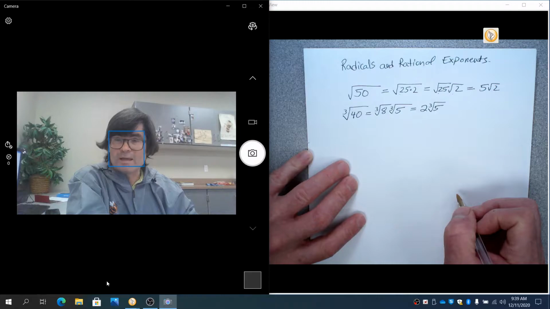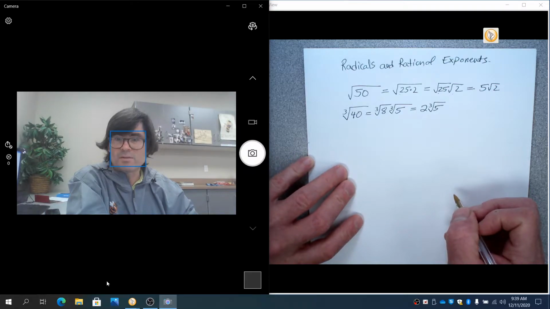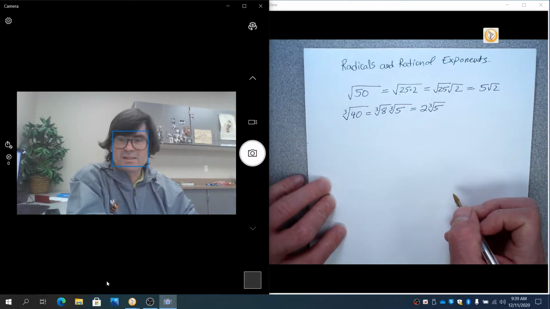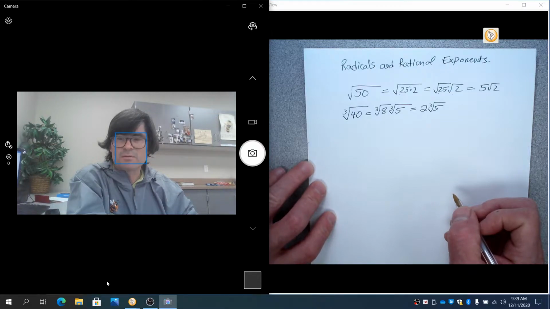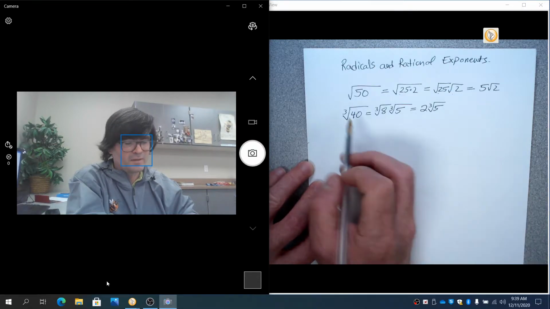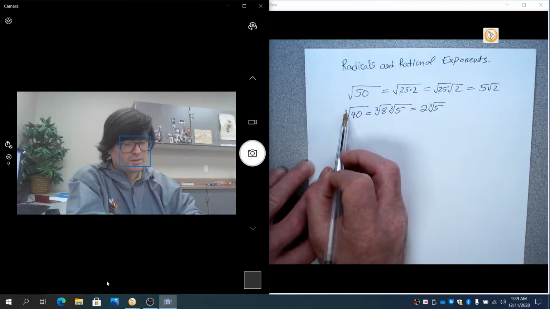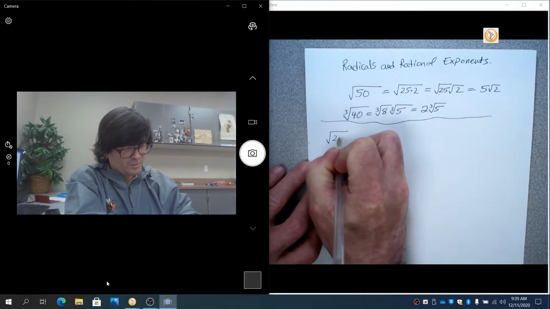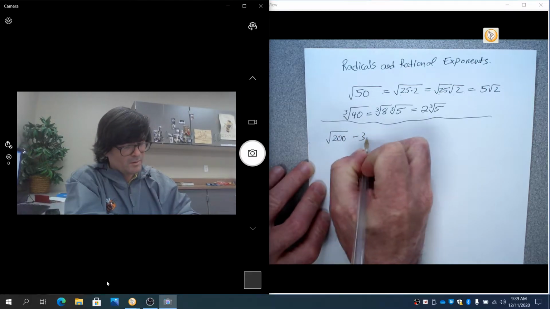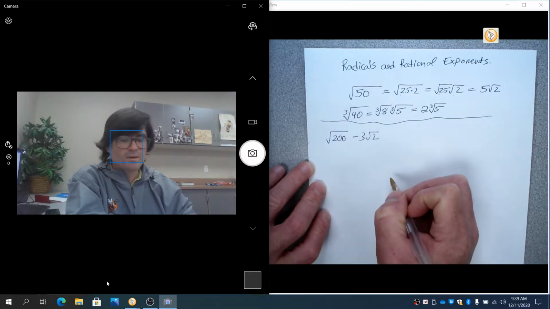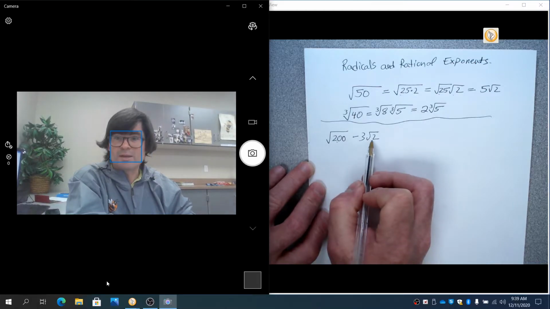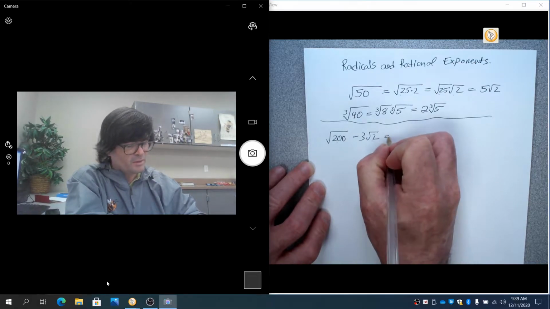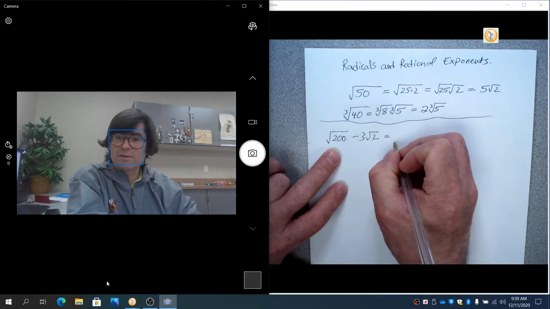If you are adding or subtracting radicals, the key is that what's inside the radical and the root itself have to match. So for example, if you have the square root of 200 minus 3 roots of 2, obviously 200 and 2 don't match currently. So you would have to say, 200 is 100 times 2.